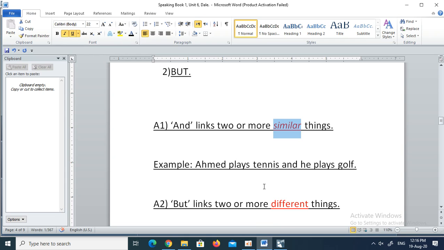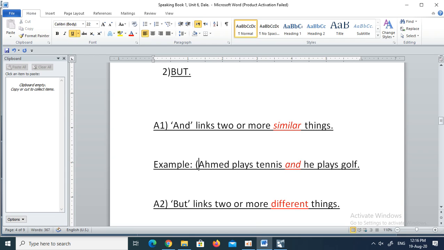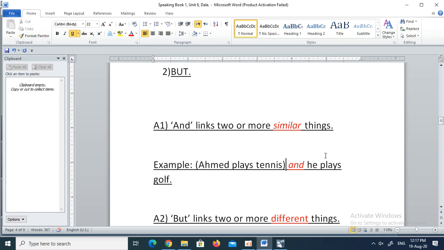So, Ahmed plays tennis and he plays golf. Ahmed plays tennis, that is one clause, and he plays golf.